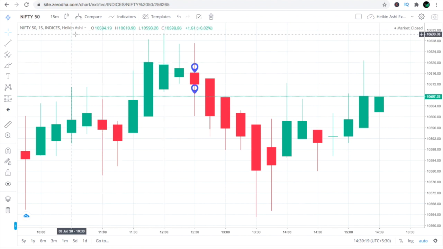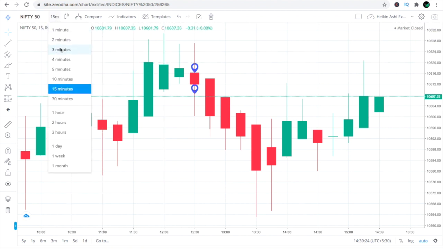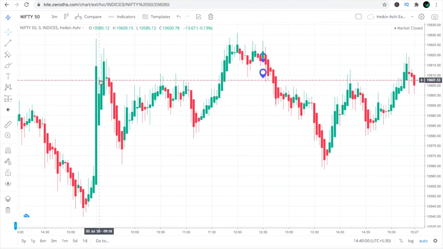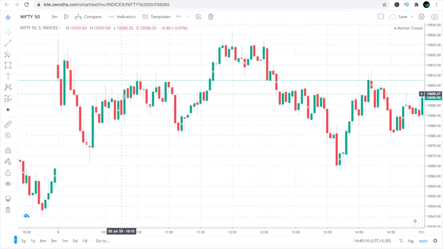Alright, so now we will change the Heikin-Ashi chart time frame to 3 minutes to give you a better sense of what we mean by smoother signals. So now we have the 3-minute chart on Heikin-Ashi, and we will also take a 3-minute candlestick chart to give you a sense of how the difference plays out in the two.